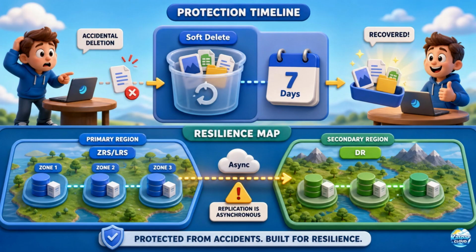OneLake includes built-in data protection for accidental deletion and regional resilience. Soft delete retains deleted data for a limited period, typically 7 days, allowing recovery through supported Fabric experiences and interfaces. OneLake storage is built on Azure Managed Redundancy, using zone redundant storage where available and locally redundant storage in regions where zone redundancy is not supported.